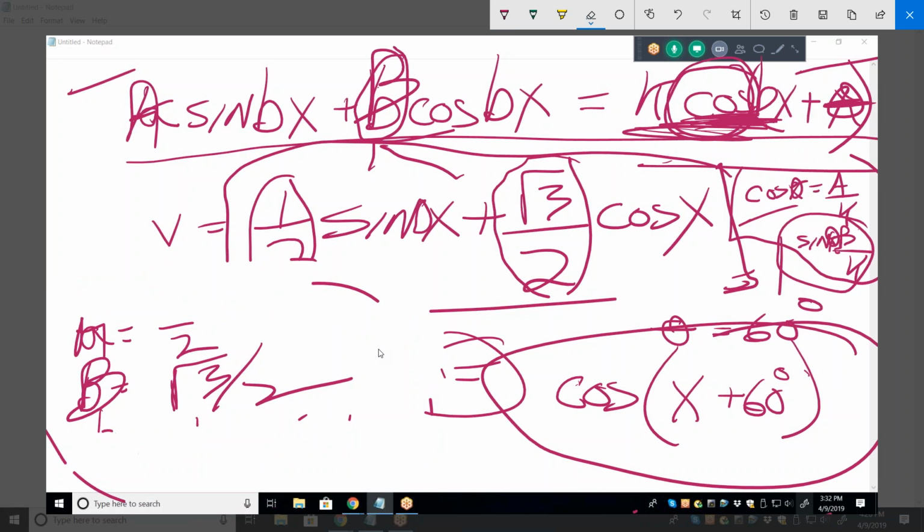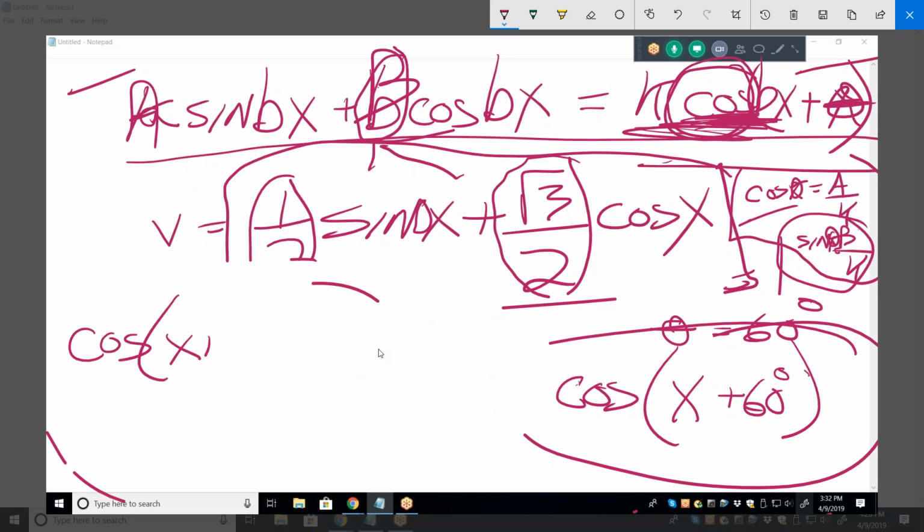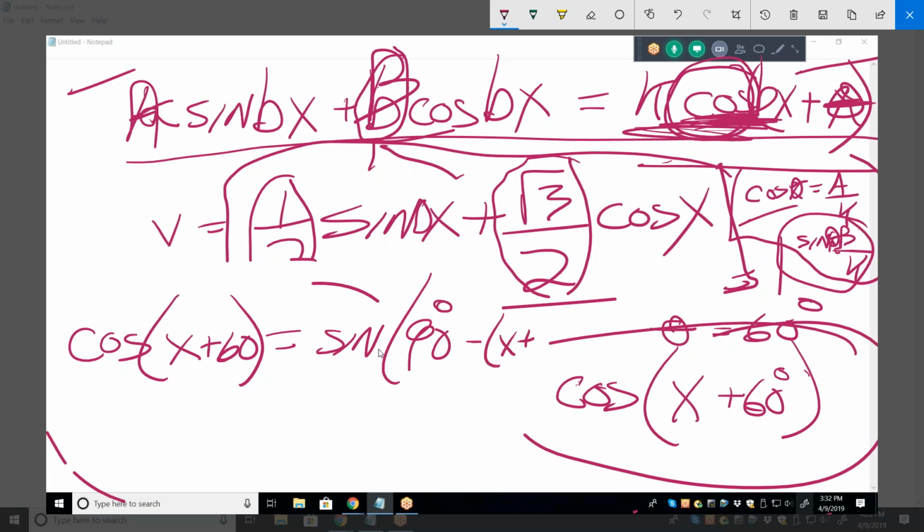I always know that sine is cosine of 90 minus theta. So the cosine, I don't know if I've got this right or not, but that's going to be equal to sine of 90 minus all of that, x plus 60, which ends up being the sine of 30 minus x.